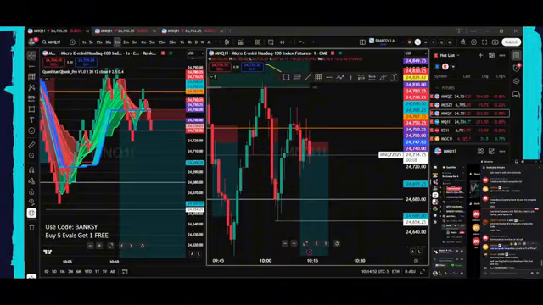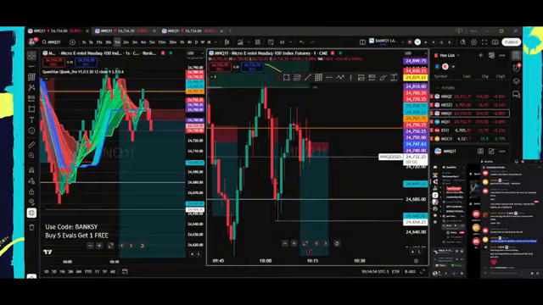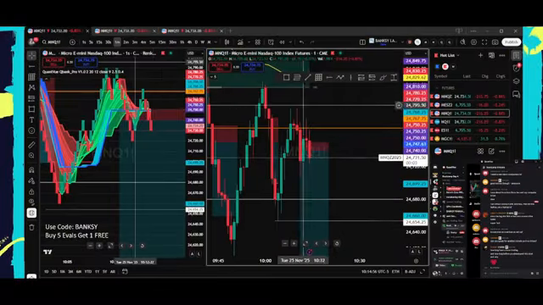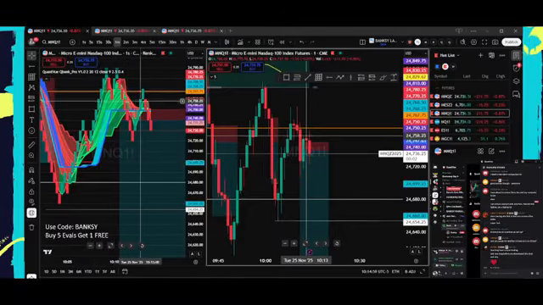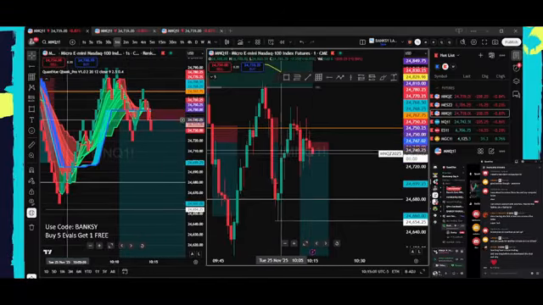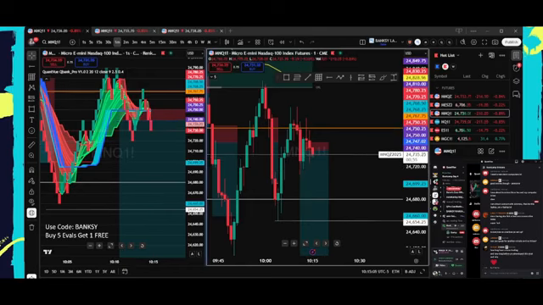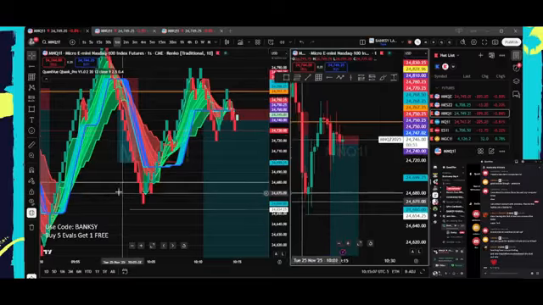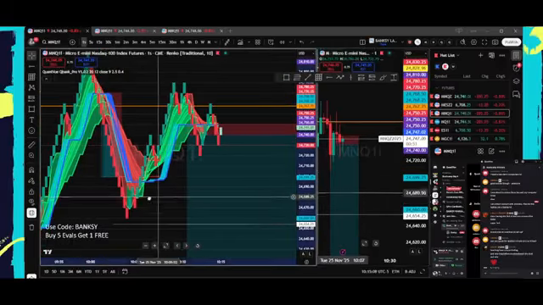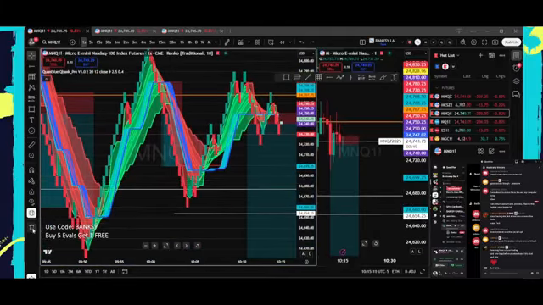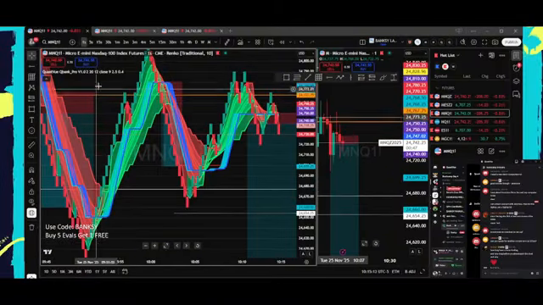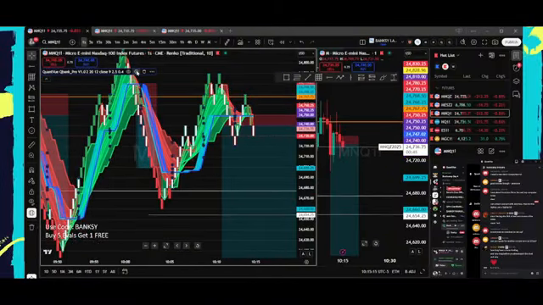Yeah, so Esteban, 10 box versus 5 box. The literally only difference is just how big each box is point wise. 5 box, you're gonna see a lot more noise. I would say it's much more advanced. If you're gonna trade it, I would recommend doing so on NinjaTrader because it's just gonna be a better experience, right?